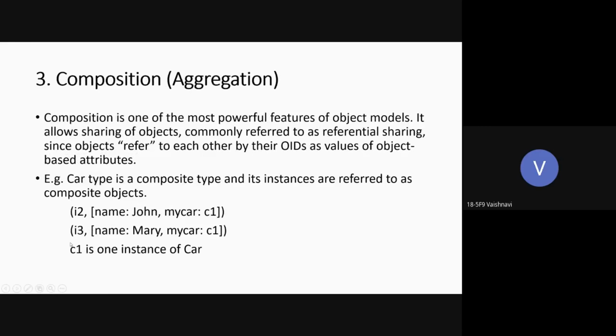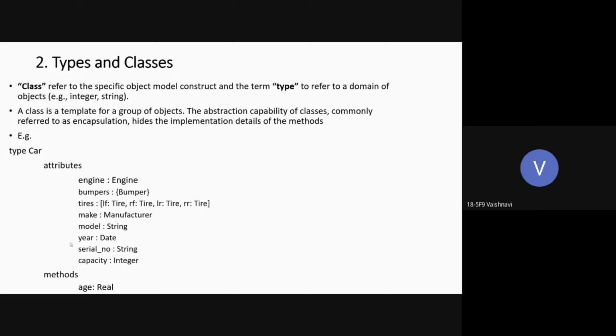I'm sorry, I think the second method can't be seen. Then 4 of the attributes are value based.